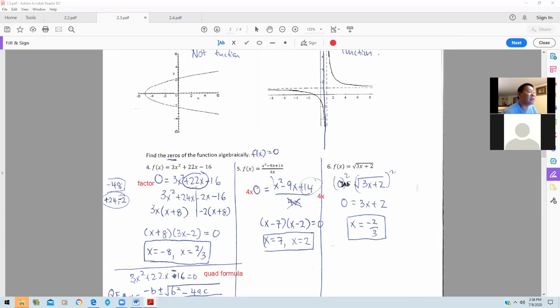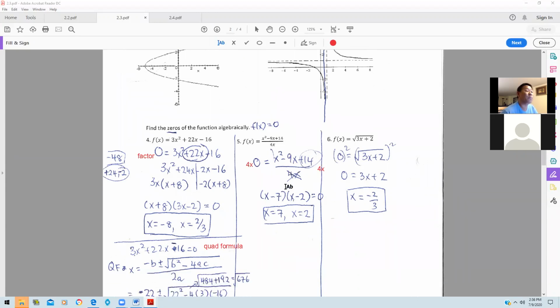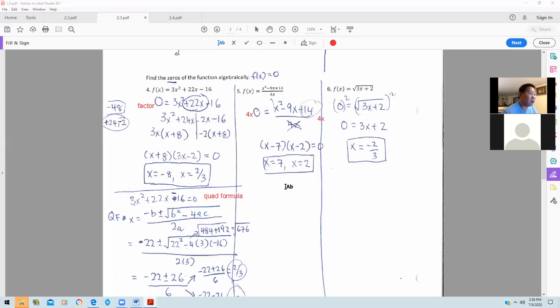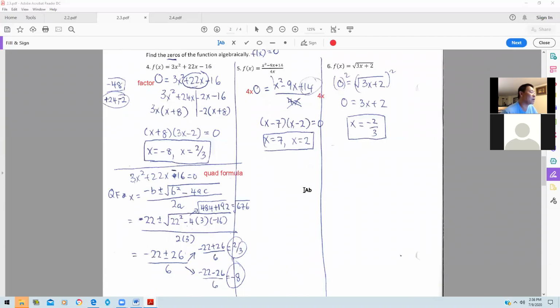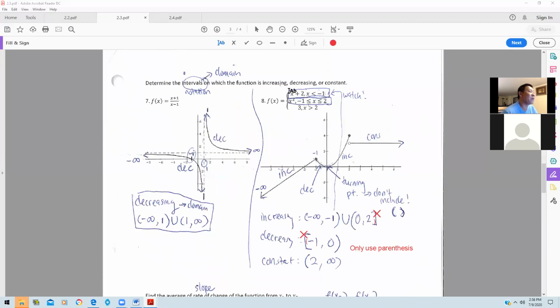Do we need to bracket less than or equal? Usually we use brackets, Harry. We always use brackets, except we only use parentheses when you have a domain for increasing, decreasing, and constant. This is the only time that you only use parentheses.